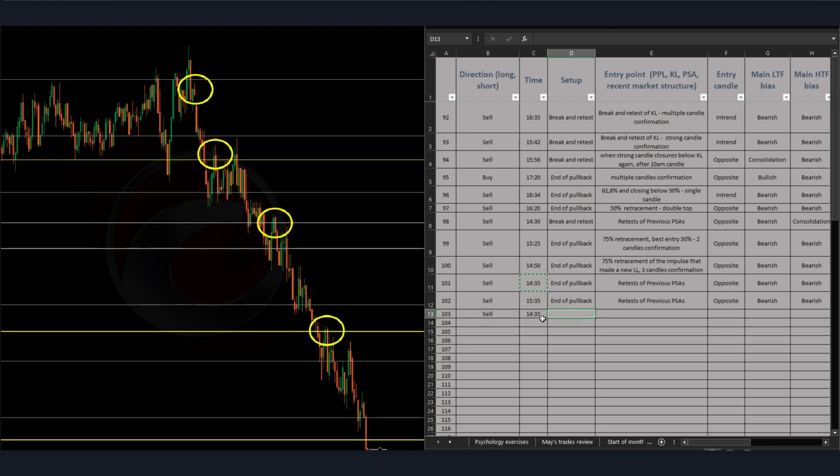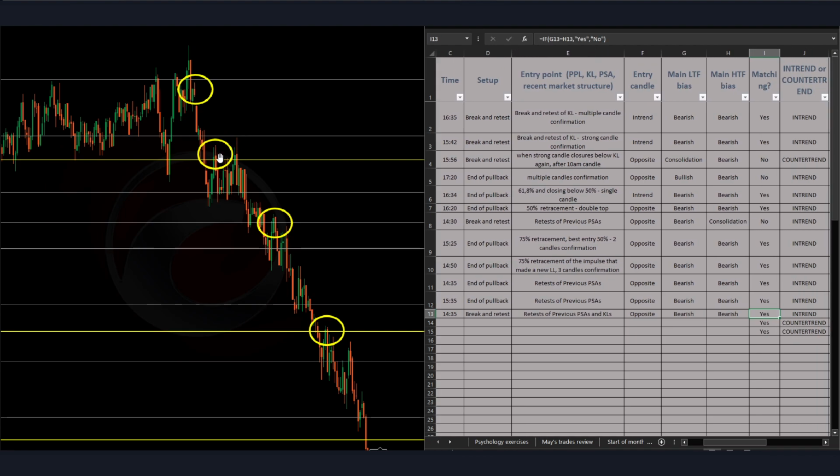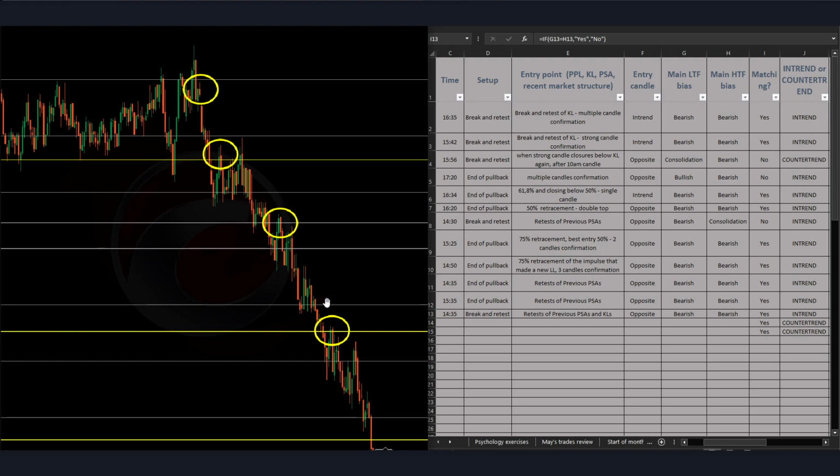This is more break and retest, multiple times, retest of previous PSAs and key levels. Entry always better at opposite. So you can see bearish, lower time frame is very bearish.